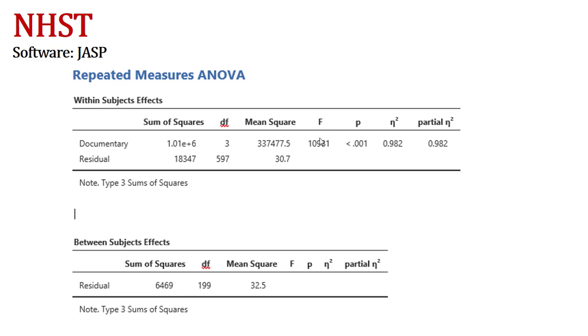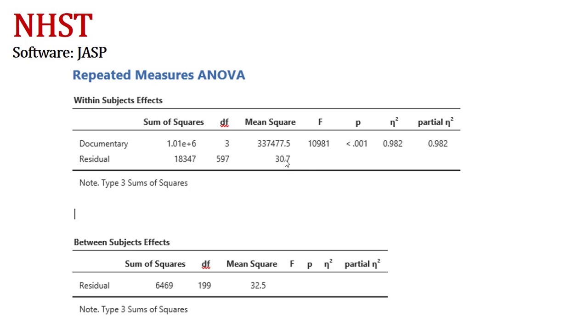Now, when we calculate the F score in the between subjects design, we had only one residual component, which let's say is the sum of these two. But here in the within subjects design, we left that behind. So when we calculate the F score, it would be the mean square explained by the model, divided by this one.